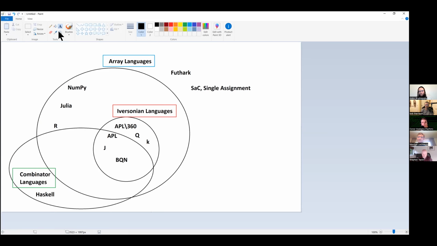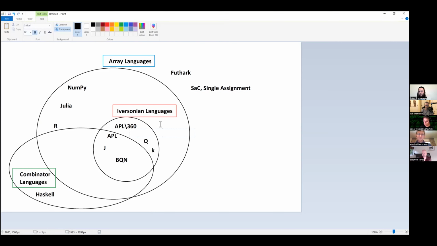If you take away the ability of a language to deal with arrays directly, and that causes the language entirely to fall apart, so you can't do anything anymore, then I would say it's a proper array language, possibly an Iversonian type thing. And I would say that's the case for all of these APL-type languages and Q and K.